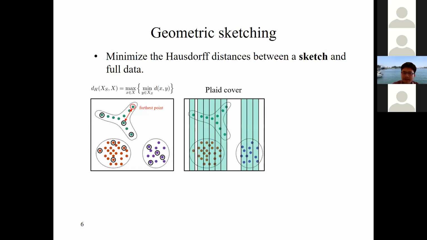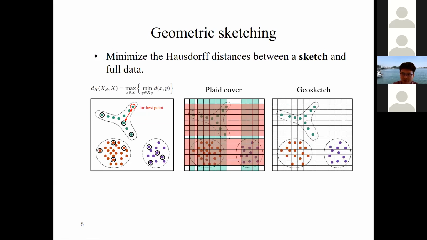Here you can see that two consecutive plates are put as far away from each other as possible, as long as they don't miss any point in between. They repeat this for every dimension, and you end up with something like this. From each square box here, you just pick one point per box at random.